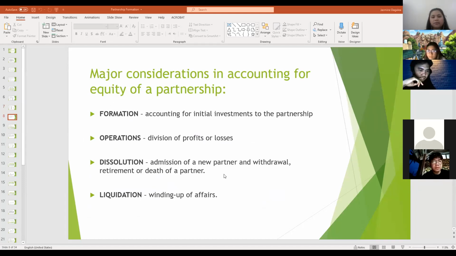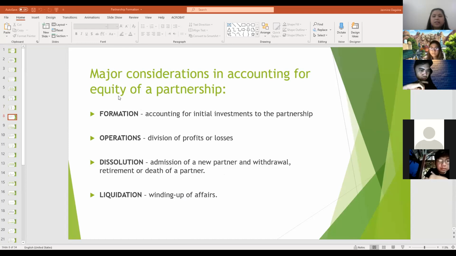So these are the four major transactions or considerations in accounting for the equity of a partnership. You have to take note of this, so you know what to do as an accountant when there will be a formation of a partnership, how to divide profits and losses, how to dissolve the partnership, and how to liquidate the partnership.